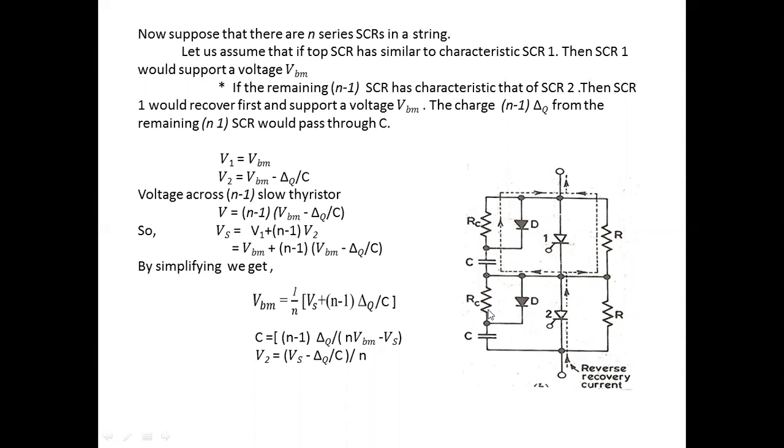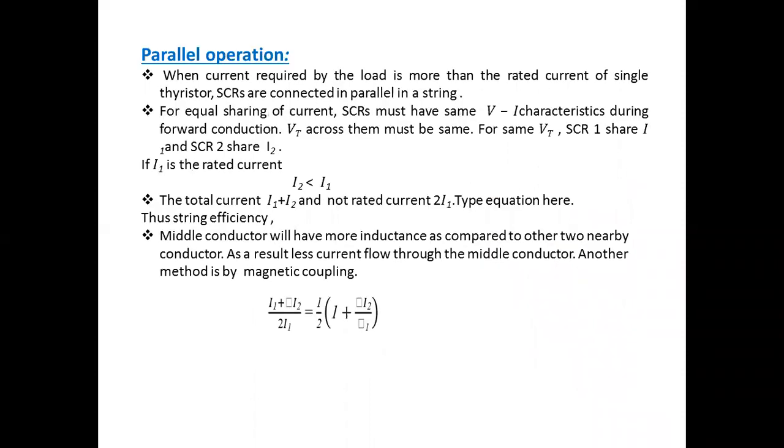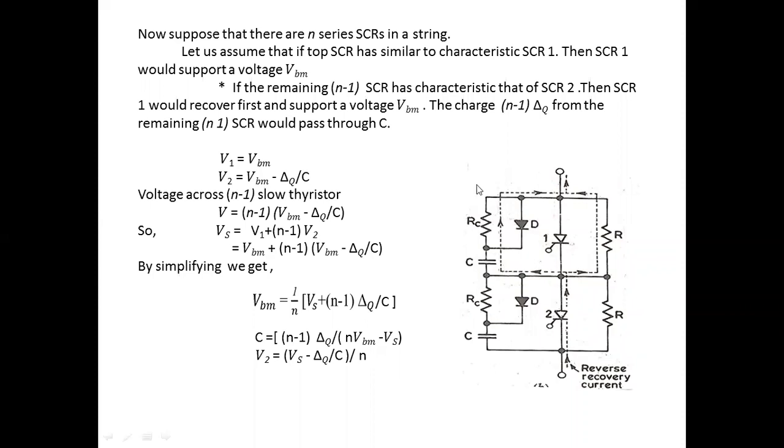But under dynamic conditions, that is, transient conditions during the turn on and turn off process, we connect this type of circuit, which is called the dynamic equalizing circuit. Here a diode is placed, and also an RC combination.